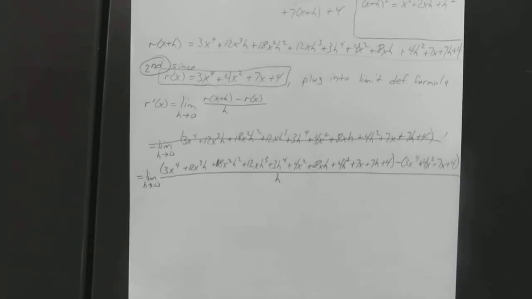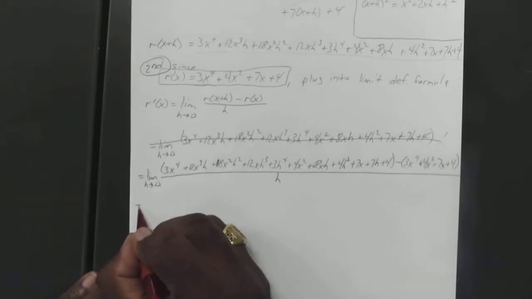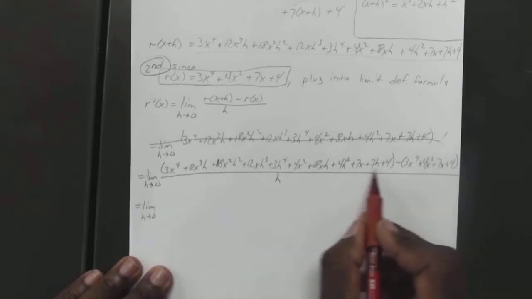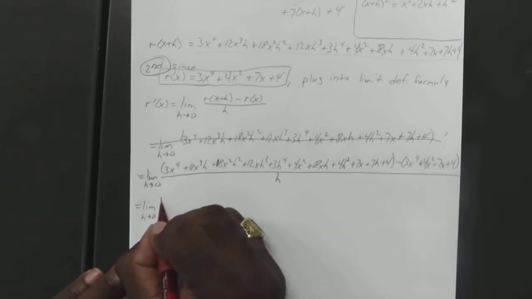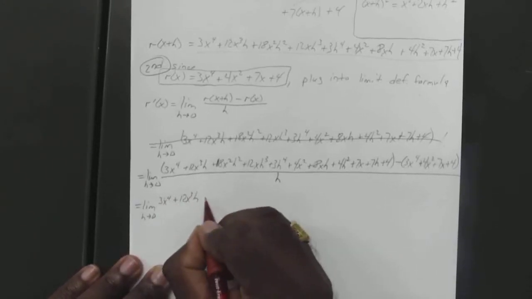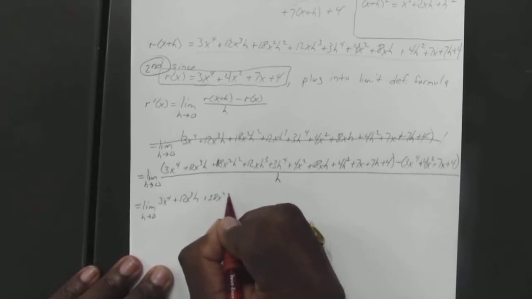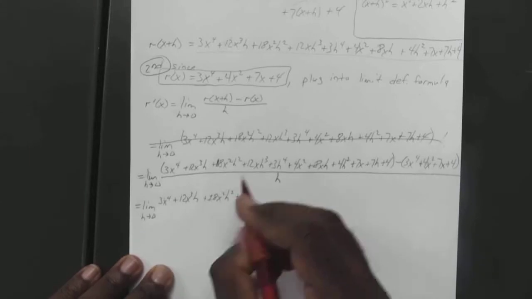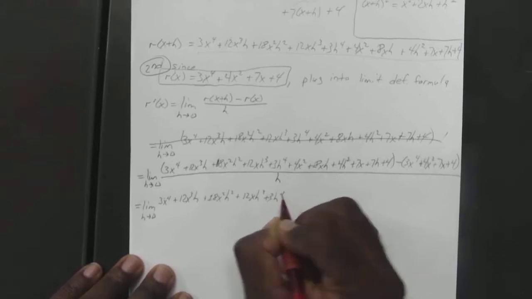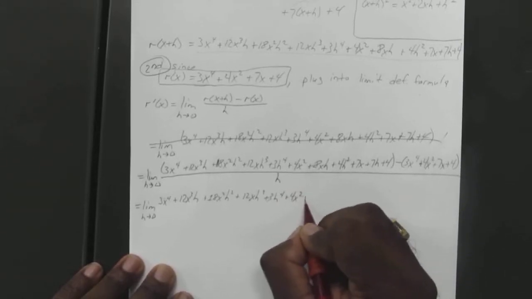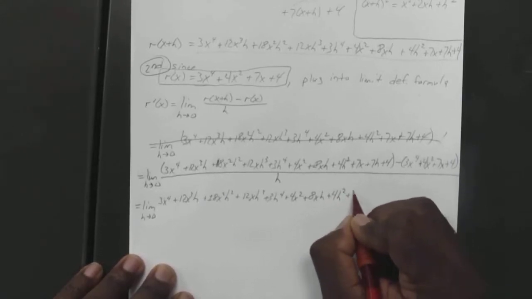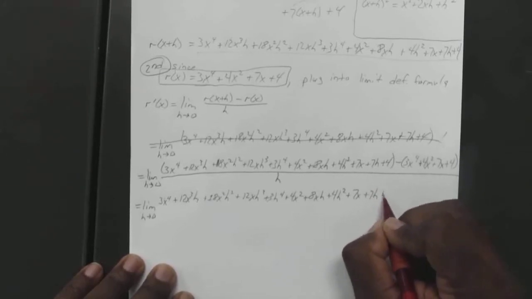Okay. So now we get rid of all of our parentheses. So the limit as h approaches 0, this is all positive, so we can just write this right on out. 3x to the fourth plus 12x to the third h plus 18x squared h squared plus 12xh to the third plus 3h to the fourth plus 4x squared plus 8xh plus 4h squared plus 7x plus 7h plus 4.